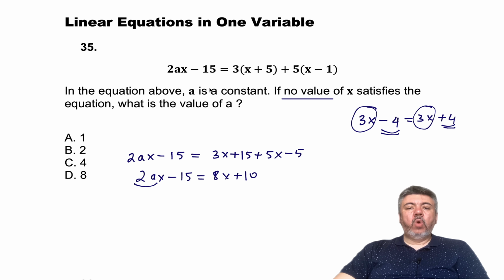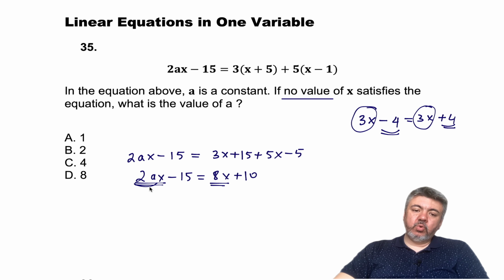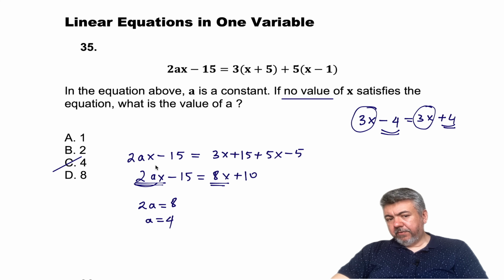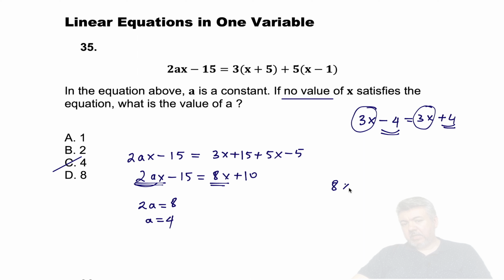So, when no value of x satisfies this, x's should have the same coefficient. So, 2a is 8, a is 4. That's the answer, but after all, here if a is 4, 8x minus 15, 8x plus 10.